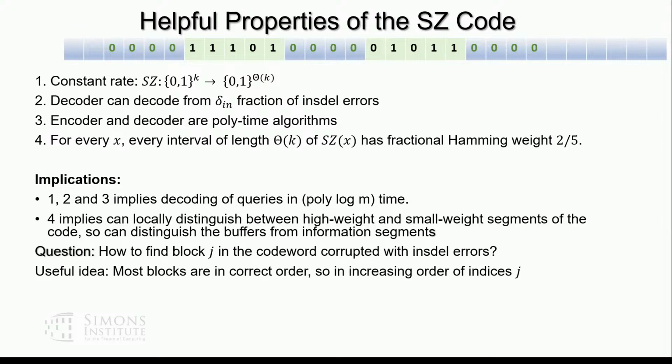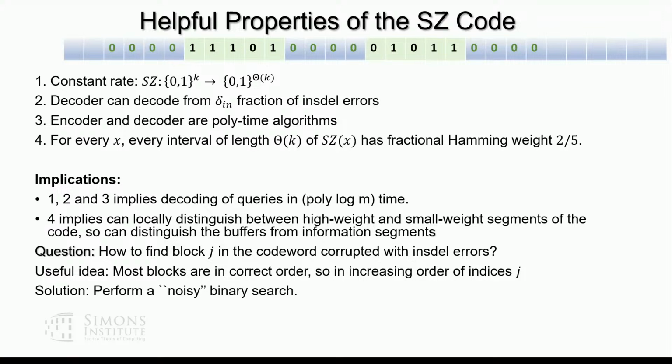Okay, so how do we find block J in the corrupted code word with insertion deletion errors? The idea here is essentially a binary search, but it's in a noisy setup.